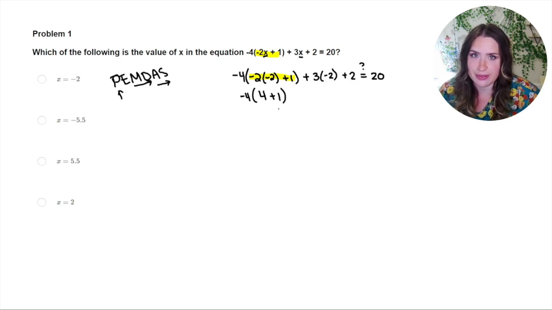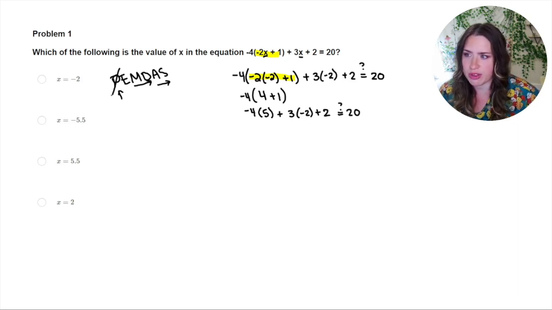I'm just going to finish out this part and then we'll continue on. So we're still working with the big parentheses here. 4 plus 1 is 5. So we get -4 times 5. And then I'm going to rewrite the rest of this now that we're done evaluating the parentheses. And we're seeing, does this actually equal 20?